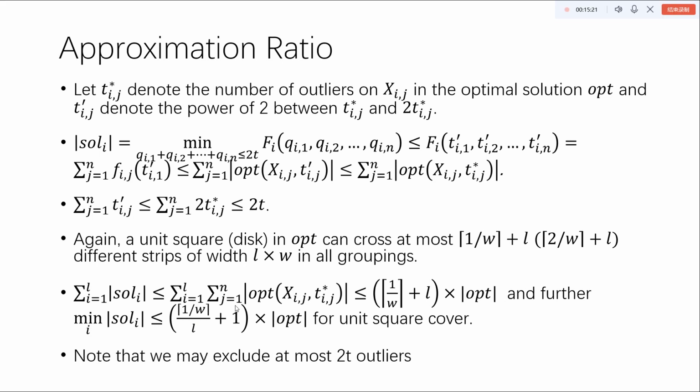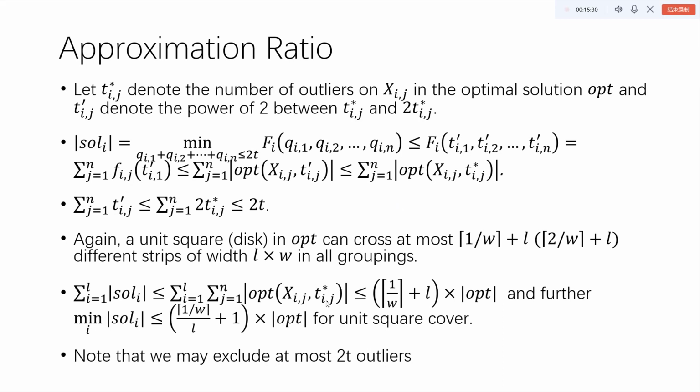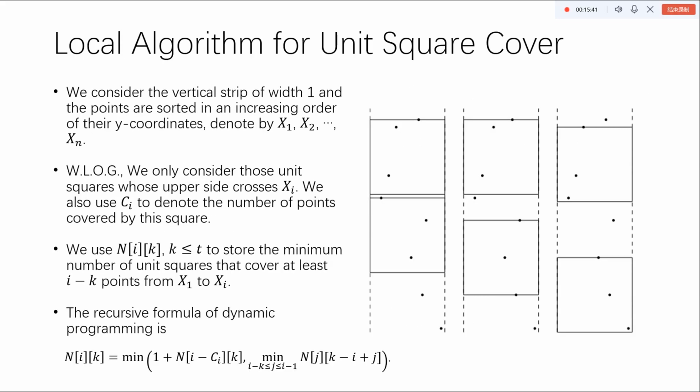Such an inequality enables us to focus on finding local solutions of unit disk or square cover. We focus on the local solutions on a strip. We can use dynamic programming to design the local solution, both for square and disk cover.